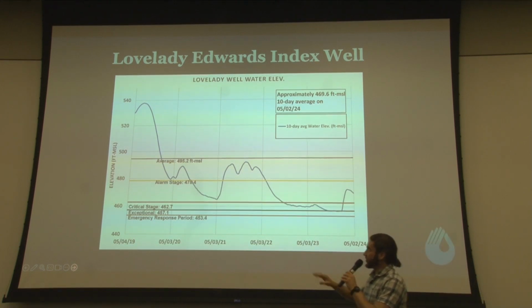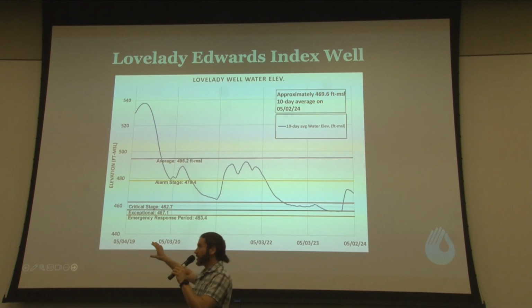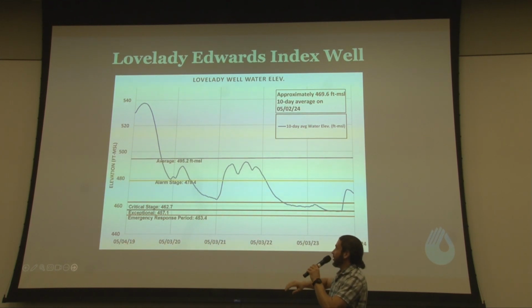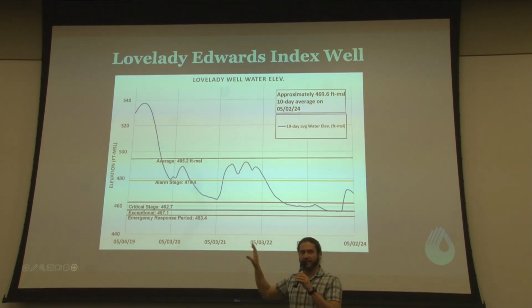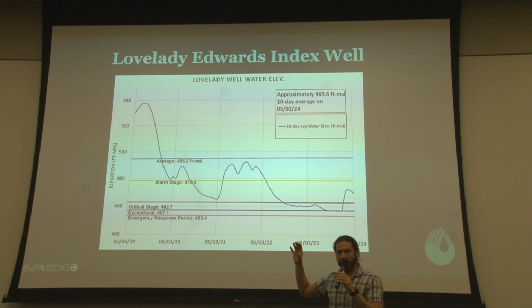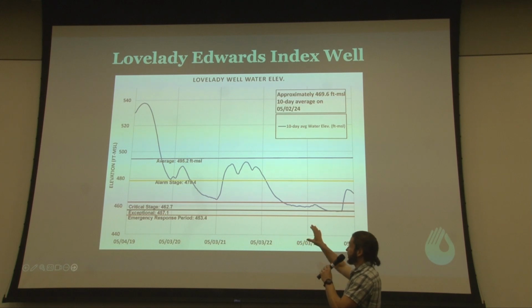So you can see, if you look back at 2019, which was a relatively wet climatic period, groundwater levels were well above average. But you can see the trend over the last 3 or 4 years is that as we've gone into drought, as we've had this accumulated deficit in rainfall, over time these levels have been going down.